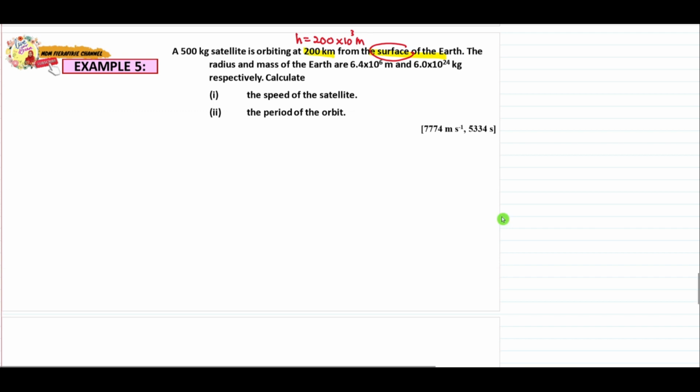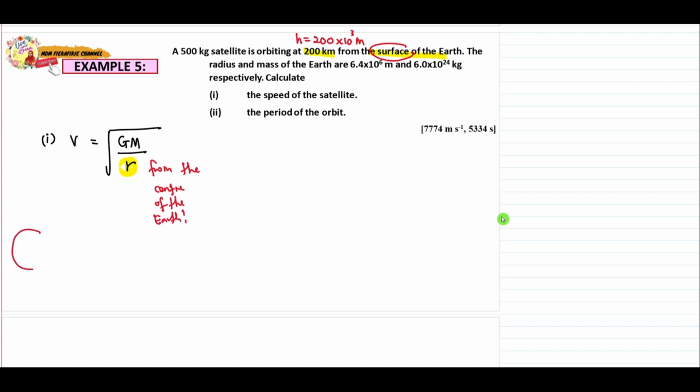In the exam paper we are already given the equation for V, the tangential speed of the satellite, so we can calculate straight away. But remember, R here is from the center of the Earth. Don't make a silly mistake.